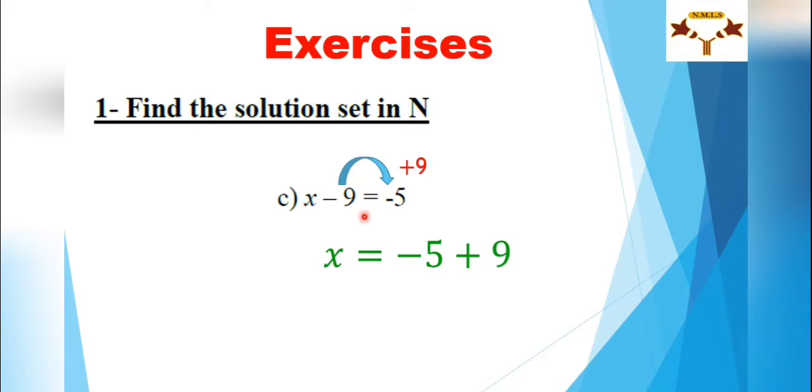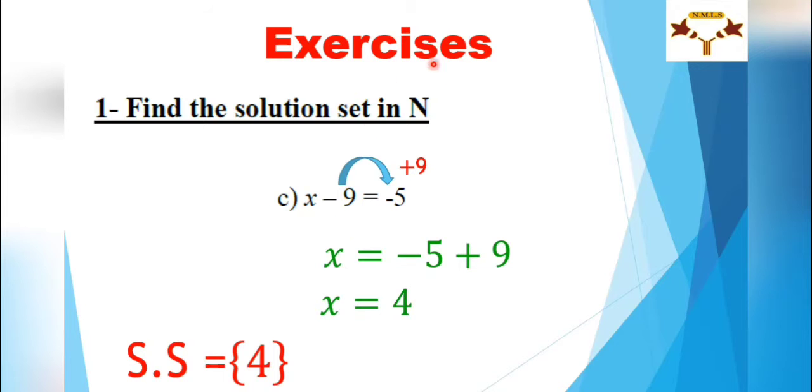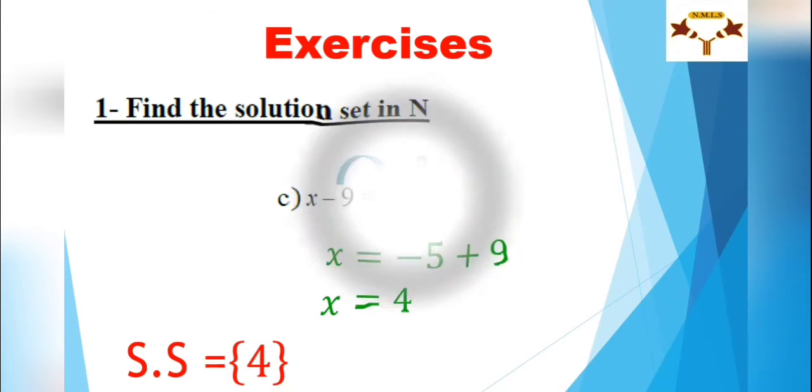So here I have x equal negative 5 plus 9, and x equals 4. So the solution set will be 4. 4 belongs to N, so the solution set is valid and will be 4.